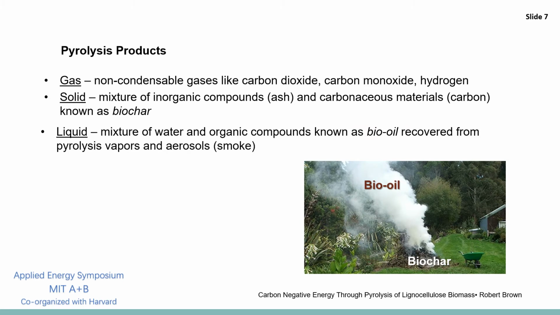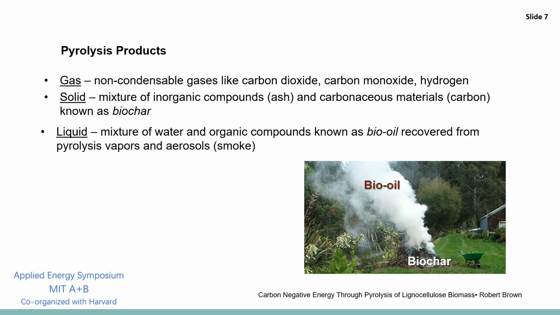There are three products from pyrolysis. This includes gases that include carbon dioxide, carbon monoxide, and hydrogen. There will be solids. This is the carbonaceous material referred to as biochar. It also includes inorganic compounds as an ash component of the biochar.